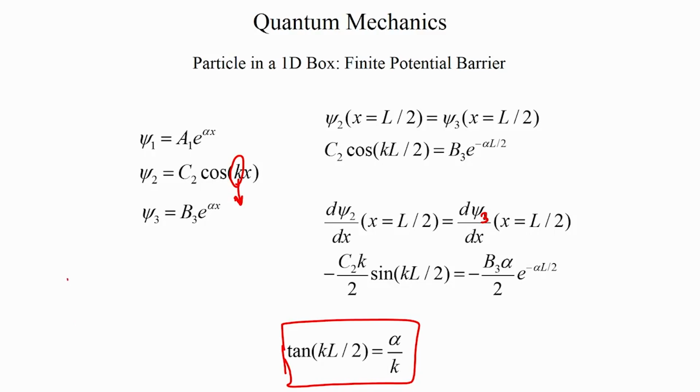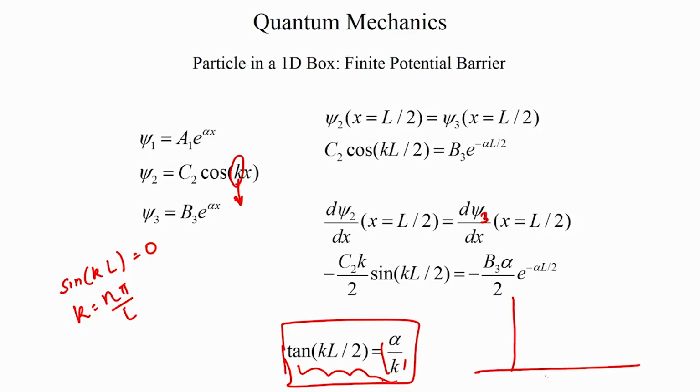So, in that case you had to meet the condition that KL was equal to 0, and therefore, k could take integer values of pi by L. Now, in this particular case, for a finite potential well, k can only take those values where this equation is satisfied.